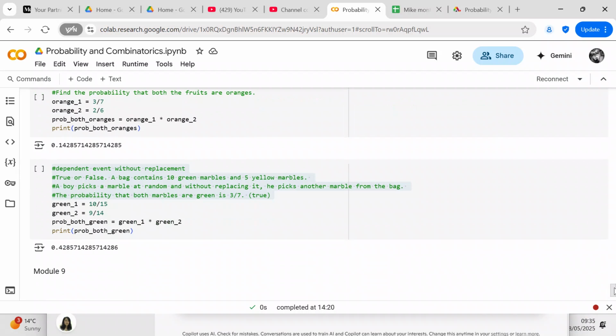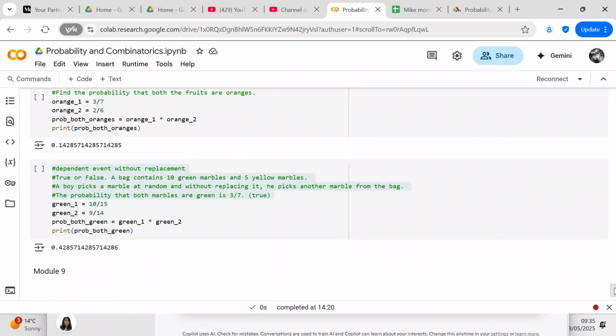So we have the last question, which is a dependent variable without replacement. And it's a true or false question, but we're going to work through it anyway. A bag contains 10 green marbles and 5 yellow marbles. A boy picks a marble at random, and without replacing it, he picks another marble from the bag. The probability that both marbles are green is 3 divided by 7.